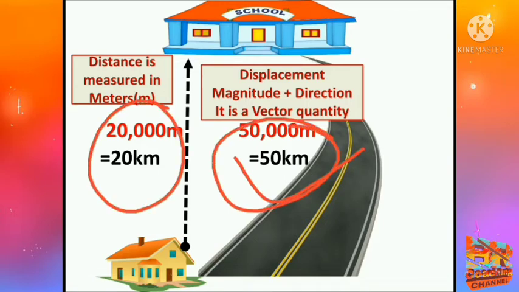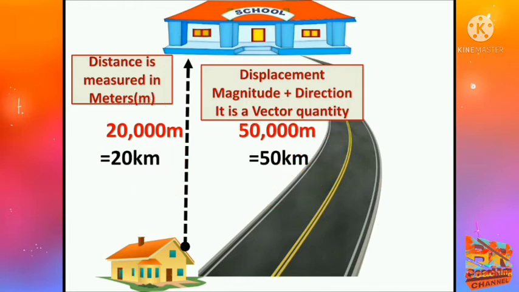It is a scalar quantity, it has only magnitude but not direction. What is displacement? Magnitude plus direction. It is a vector quantity. Displacement means shortest distance, the shortest distance with a direction.